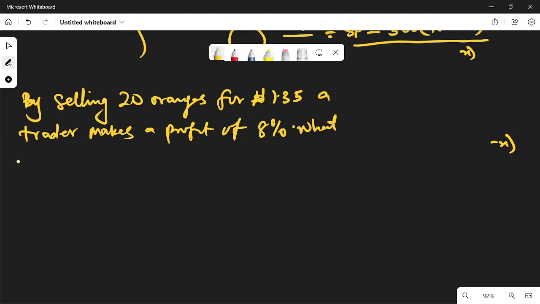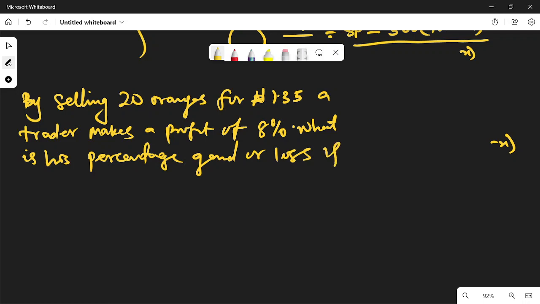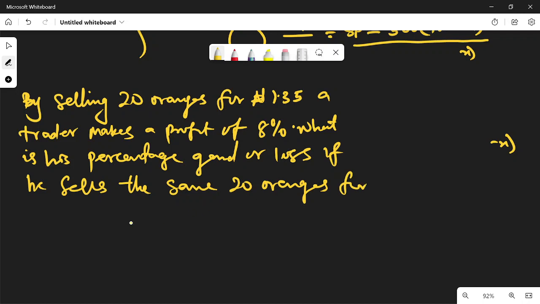What is his percentage gain or loss if he sells the same 20 oranges for 1.1 naira 10 kobo?